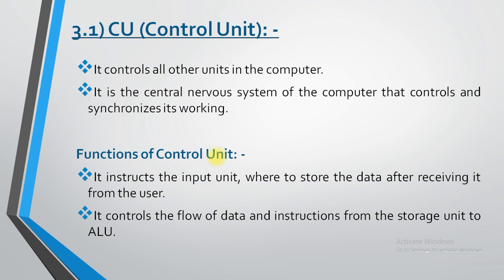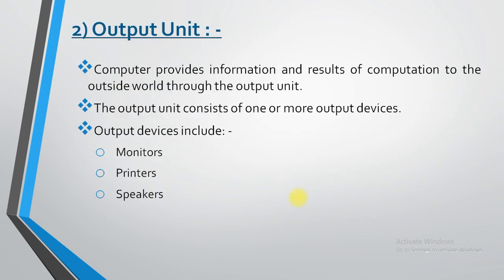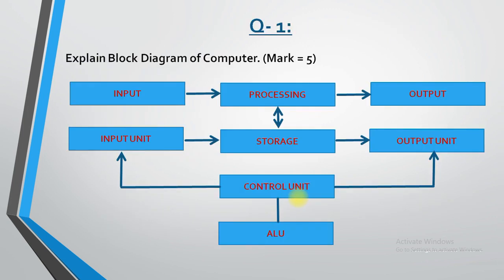The second function of the control unit is what? It controls the flow of data and instructions from the storage unit to the ALU. I would like to refer to the block diagram for this point, and then I will come back to that slide. See over here, the control unit is connected with the ALU.